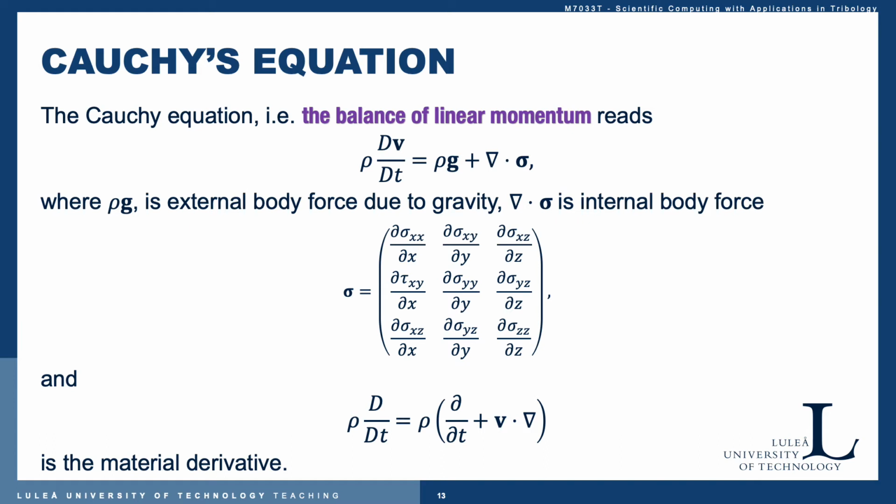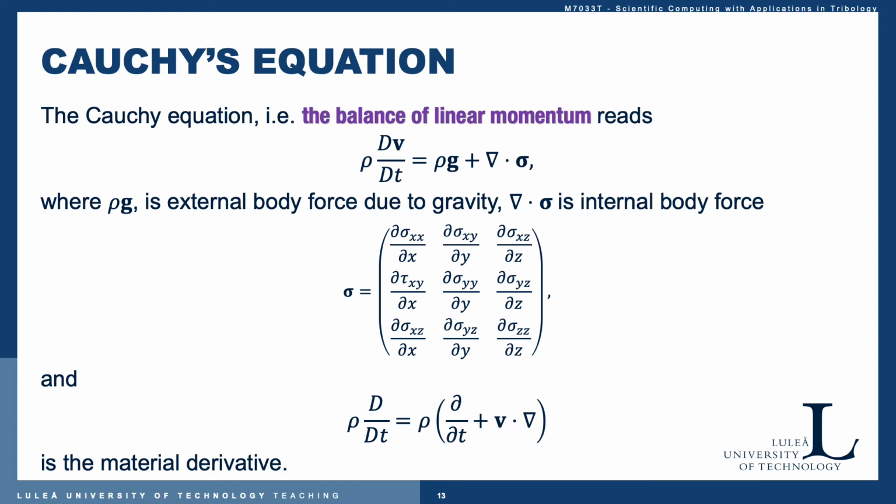We have used g here to indicate that it is typically due to gravity. So that's the first term on the right hand side. And then the second term is the divergence of the internal body force.